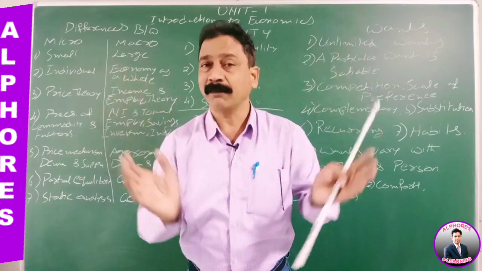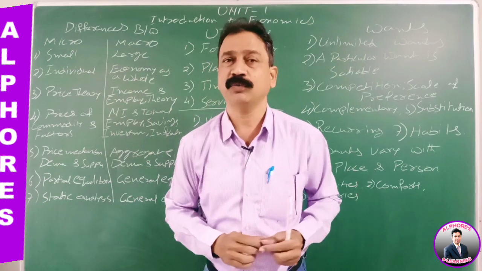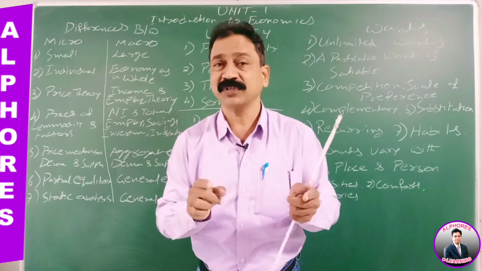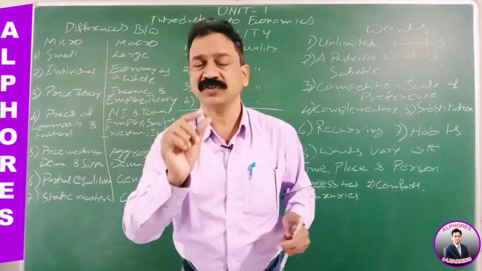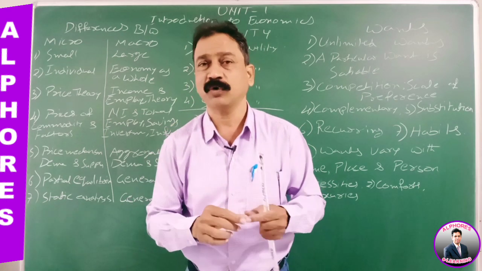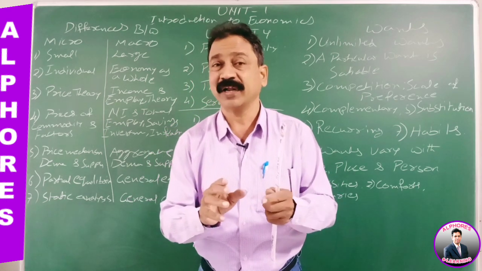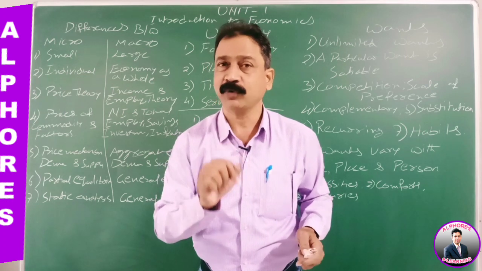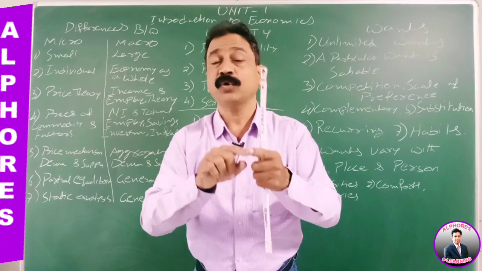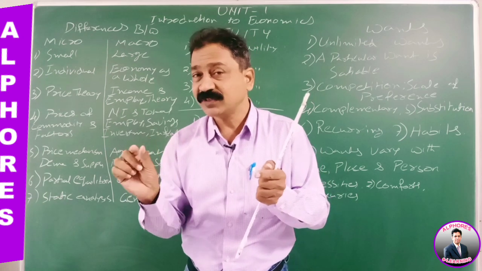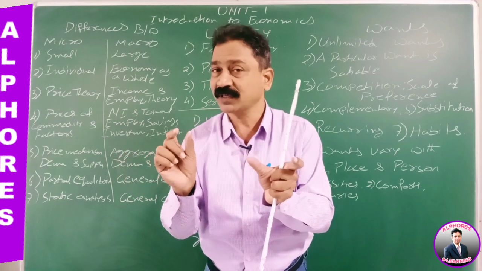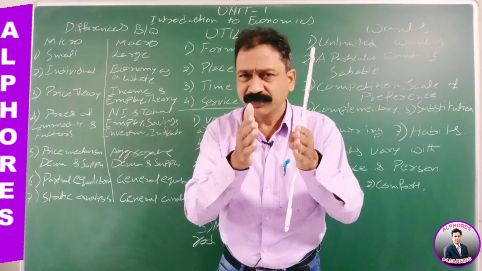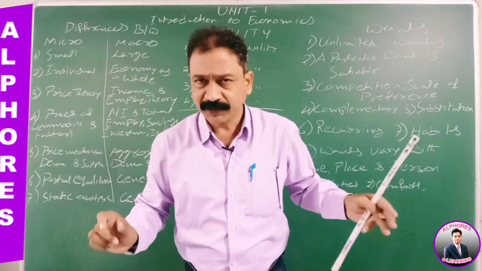Out of the total campus, one MPC is micro. Out of total MPC, if you select one, that is again micro, let us say MSET. Within MSET, if you select one student, it is again micro. A student's total marks are macro, one subject's marks micro. So as you go on dividing, it becomes micro.